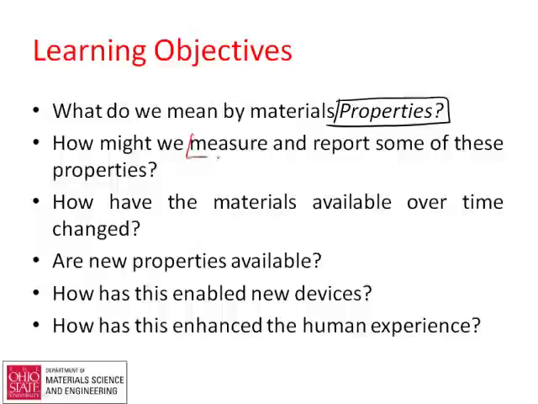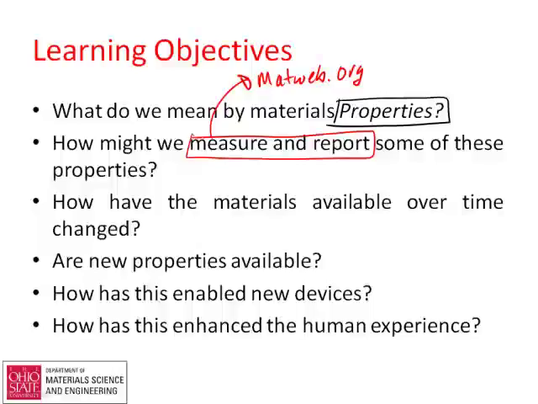Talk about how we might measure and report some of those properties. If you're looking for materials properties, there are some pretty good sources of such things. I think it's matweb.org, possibly a .com, and that's a common site that I use myself to figure out rule of thumb properties of materials.